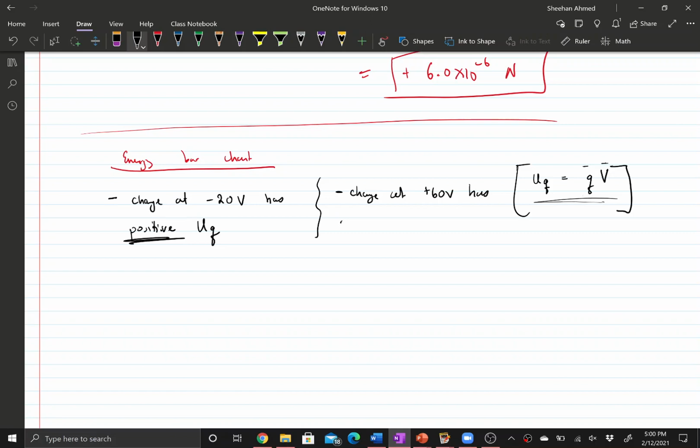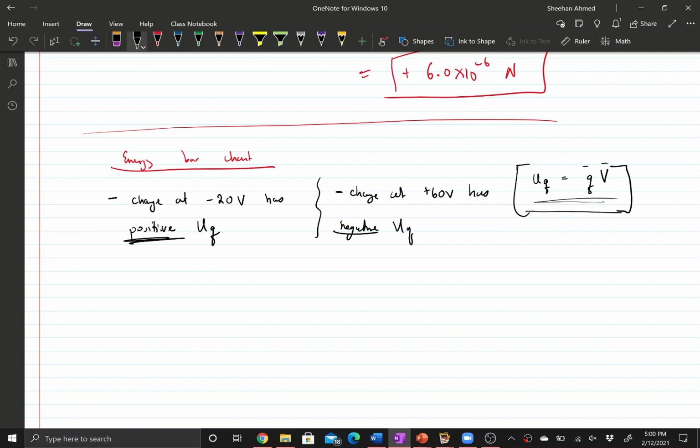A negative charge at plus 60 volts has negative UQ. Again, I'm using this expression over here. Well, then what's happening to the UQ? It's going down. But we know energy is a conserved quantity, which means I can do some sort of accounting and keep track of it.